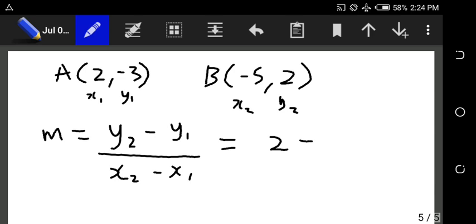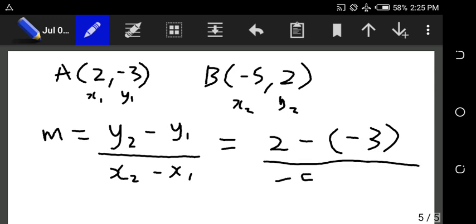Now note this, y1 is minus 3, so we have a minus 3 all over. Then for our x2 we have minus 5, then minus our x1, which is 2.